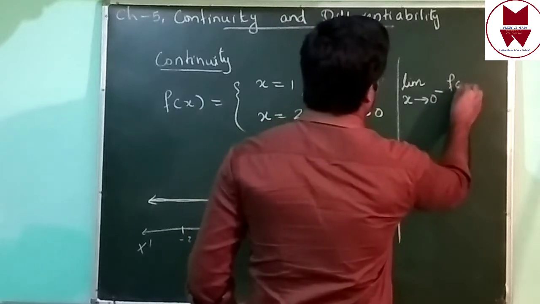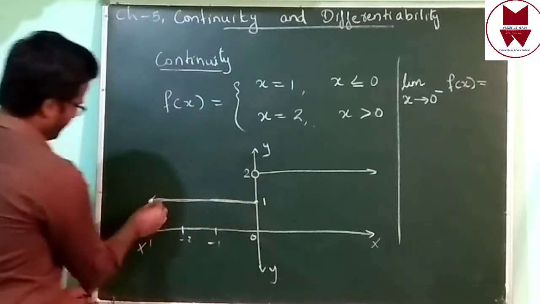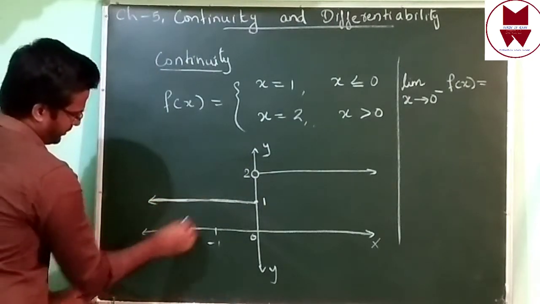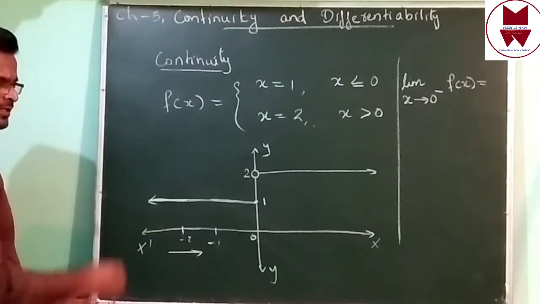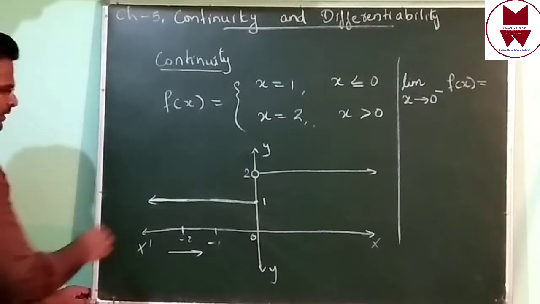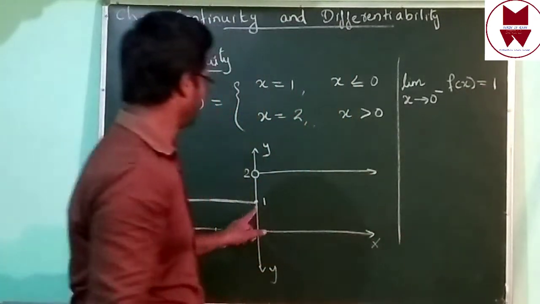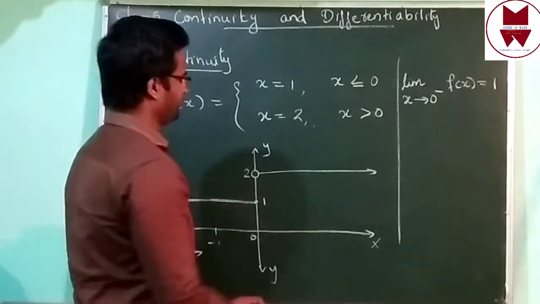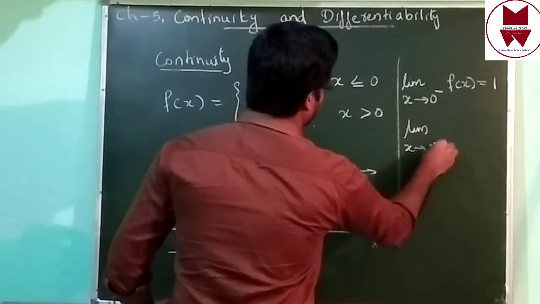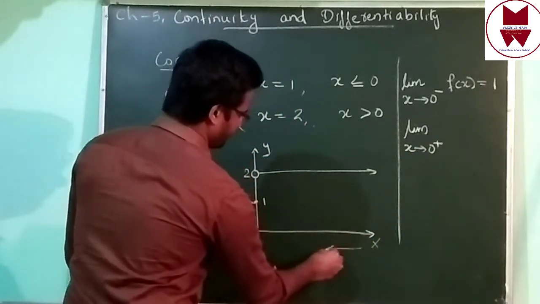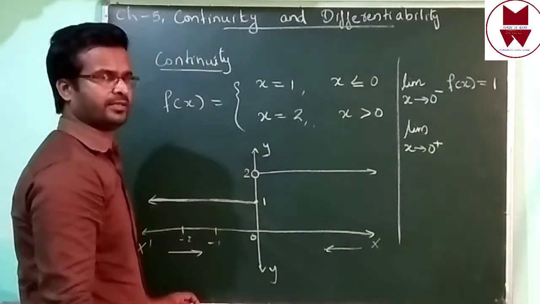From here, if you consider the left side, this direction, that is LHL, left hand limit. What is the value of the function? The value of the function is 1. Then limit x tending to 0 plus. 0 plus means the right side, approaching 0 from here, this direction. That is RHL, right hand limit. Last year it was already studied.